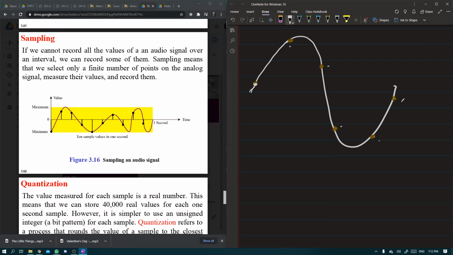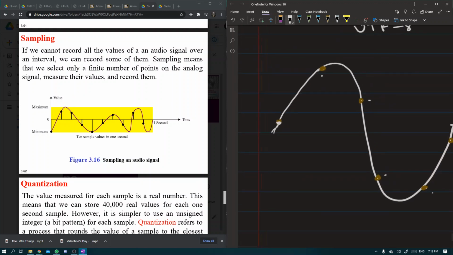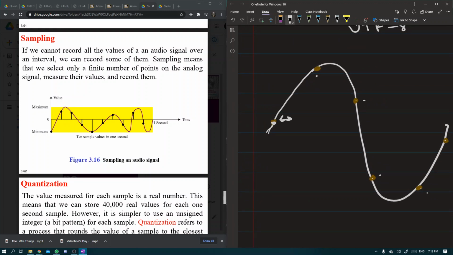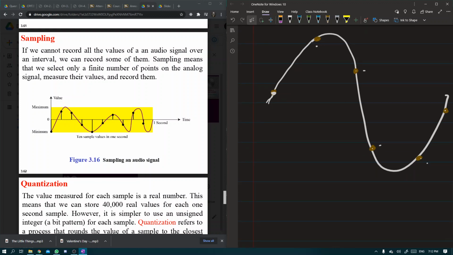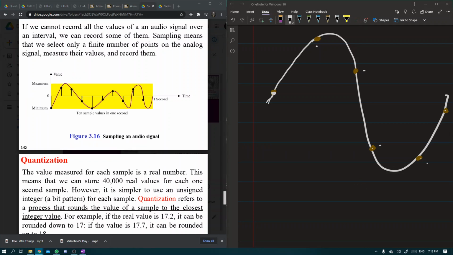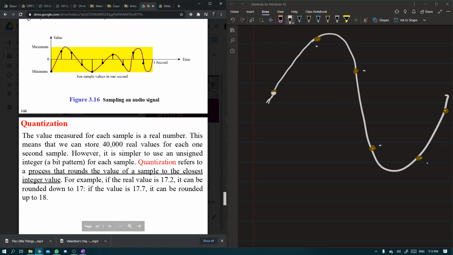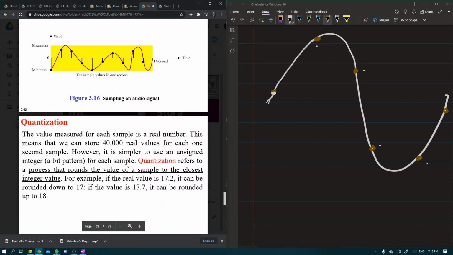Of course, the more values you take, the better quality the audio would be. The smaller the time frame between each sample, the higher quality the sound will be. So that's sampling. You could say, sample the wave every 10 milliseconds or something. That's sampling.